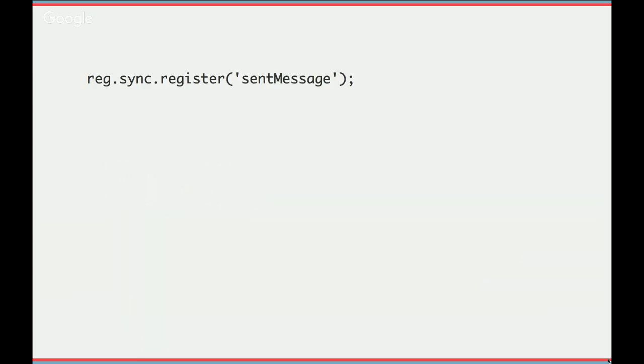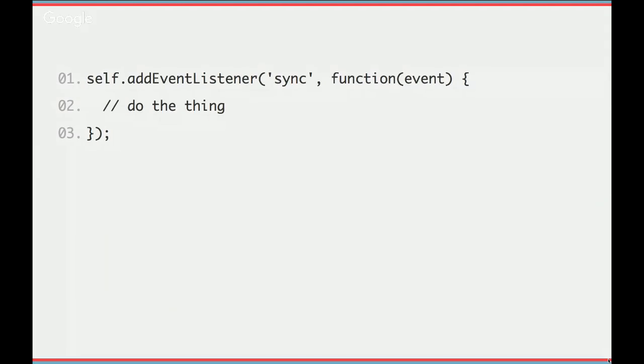But you register for a particular tag, in this case, sent message. And that just says, all right, I would like to know when we're back online. And then in the service worker, all you have to do is listen for the sync event, which will be triggered when you're back online, and then do the things you wanted to do.